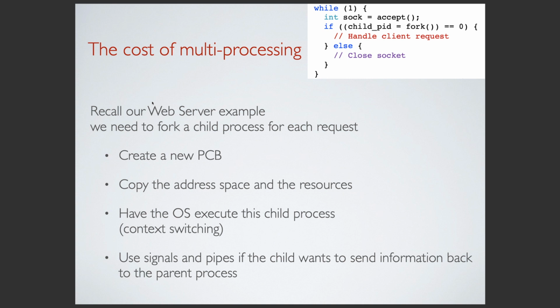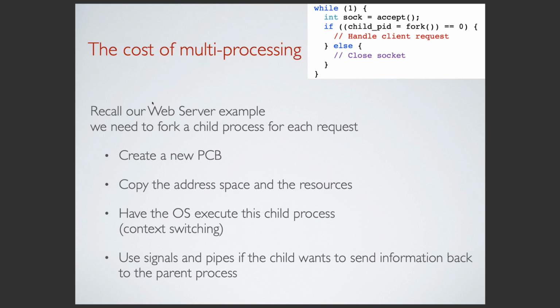Okay, so if you do that in the way we did it last week, you're going to use a fork to create a child process, meaning for every new request, what you're going to do is create a new PCB. You're going to copy the address space and the resources, and you will have the OS basically executing those child processes one by one by switching the context.